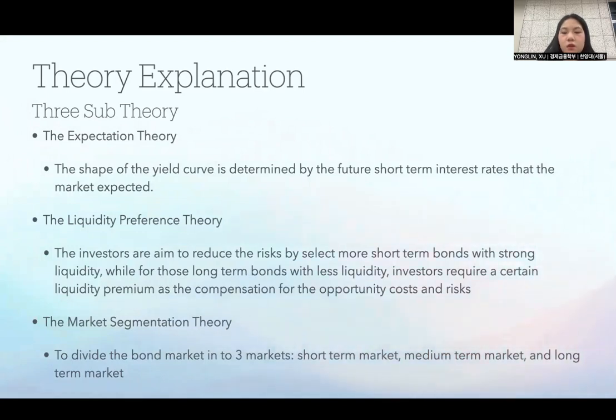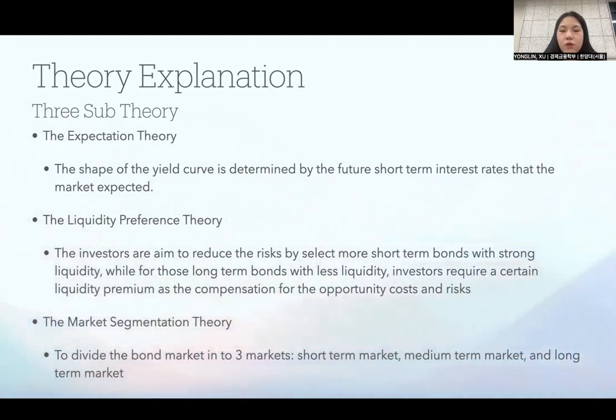while for those long-term bonds with less liquidity, investors require a certain liquidity premium as compensation for opportunity cost and risk. So only if the interest rate of the long-term bond is very high, even higher than the short-term bonds, do investors have the incentive to buy the long-term bond with high risk and illiquidity.